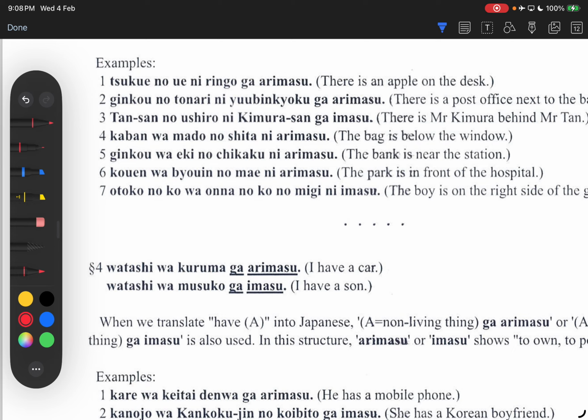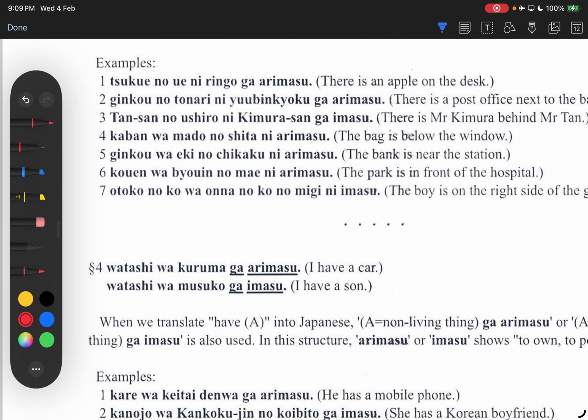So 近くにあります, right? Nearby the station, there is a bank. Number 6. 公園は病院の前にあります. So about the park, in front of the hospital, have or exist.